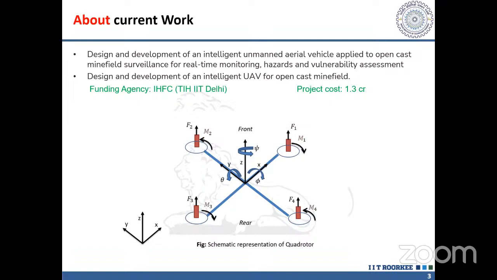There are different varieties of drone systems like quadrotor, hexacopter, octocopter. It depends on payload capacity. In my case, we are working on a quadrotor which has 4 propellers, and here you can see in the picture a schematic representation of the quadrotor.